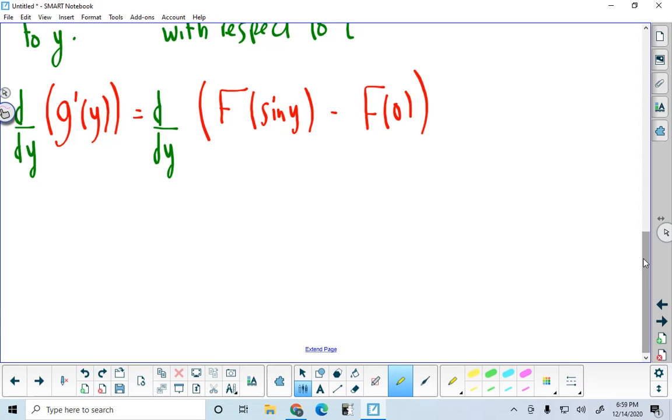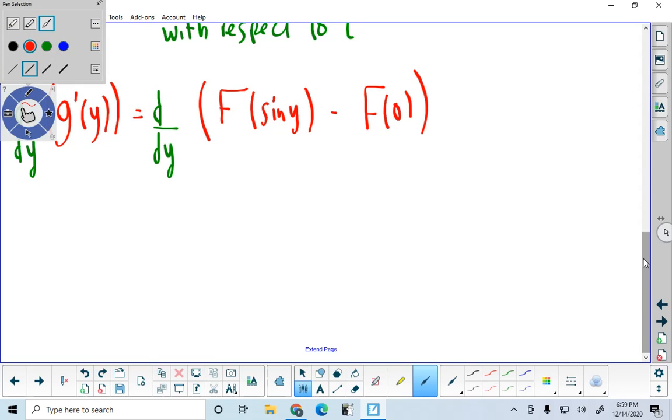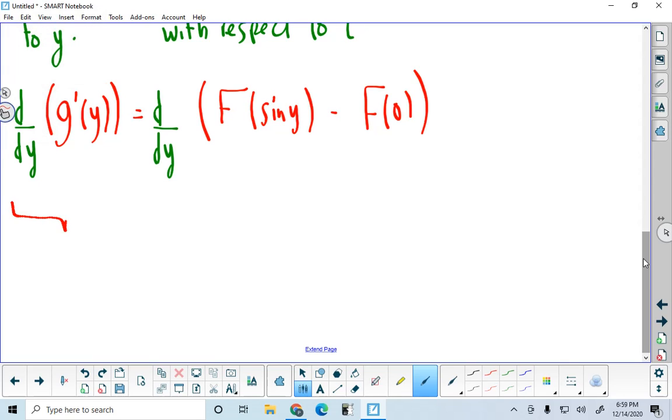Okay, so I hope that made sense, but now what I can do is go back to the lazy person's prime notation and say the derivative with respect to y of g prime of y is the derivative with respect to y of the derivative with respect to y, which is the second derivative with respect to y. It's g double prime of y.